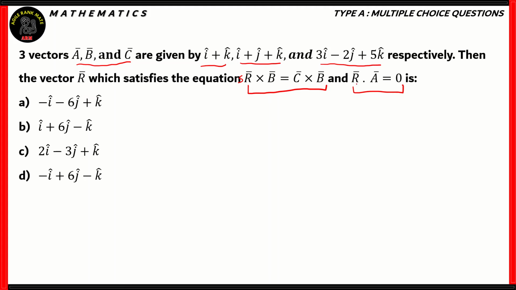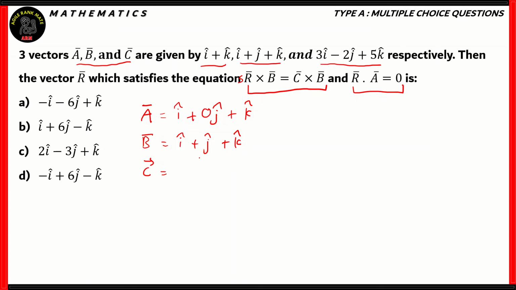We need to find out which one of these is correct. Now let's write down each of the vectors so that we can understand them. Vector A is given as i cap plus k cap, so that means it's i cap plus 0 j cap plus k cap. Vector B is i plus j plus k. Now i, j, and k are unit vectors, which you will study in vector algebra.